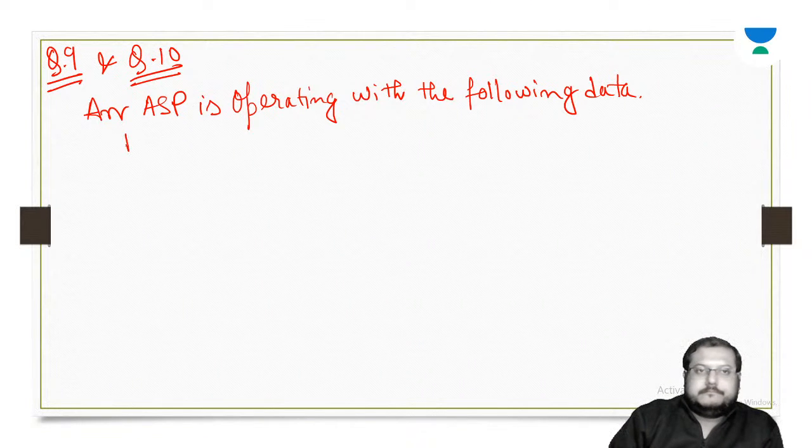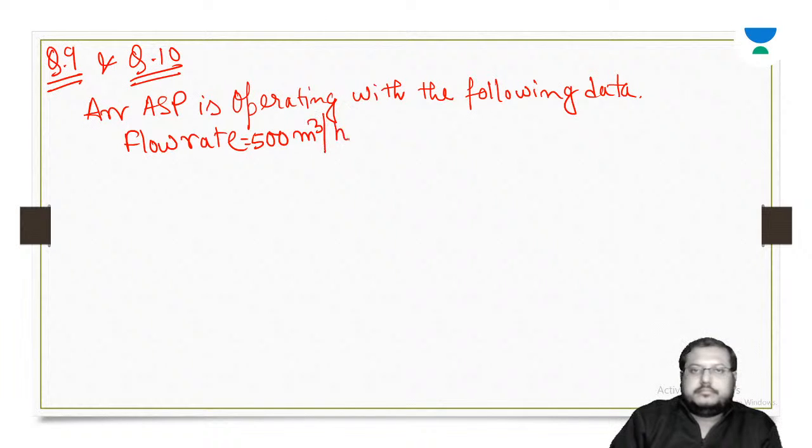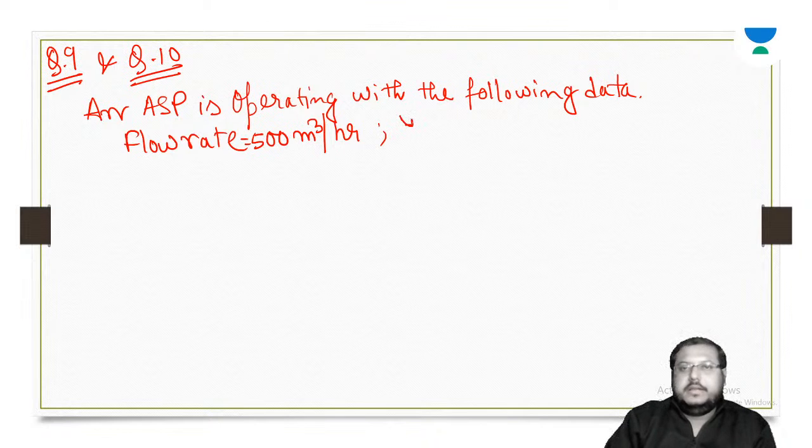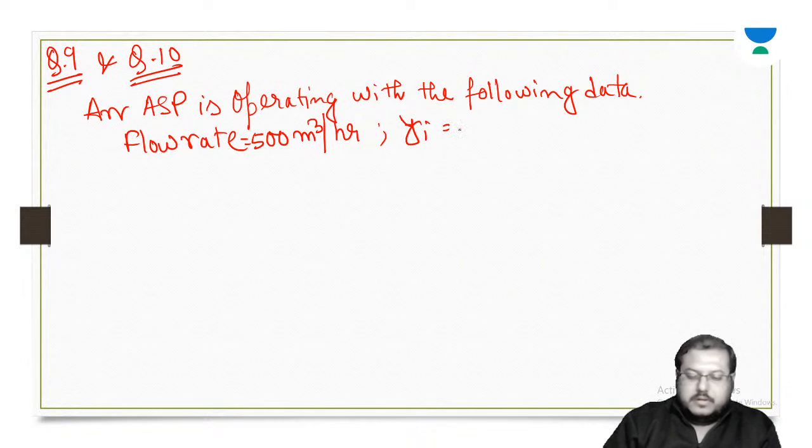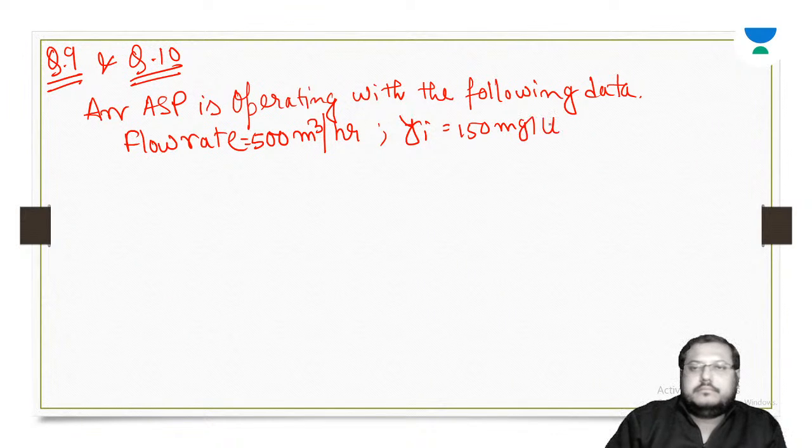Flow rate, 500 meter cube per hour. Influent BOD, Yi, 150 milligram per liter. Effluent BOD 10 milligram per liter.